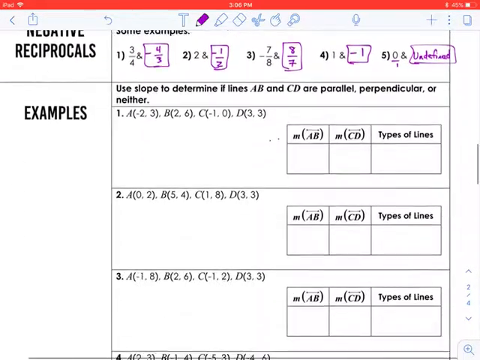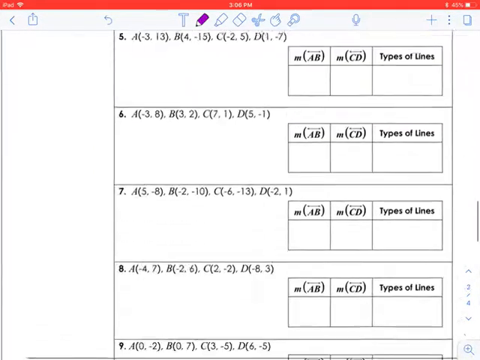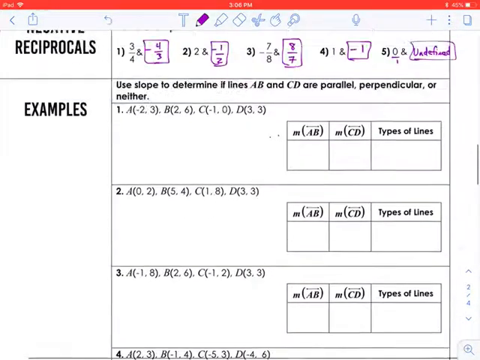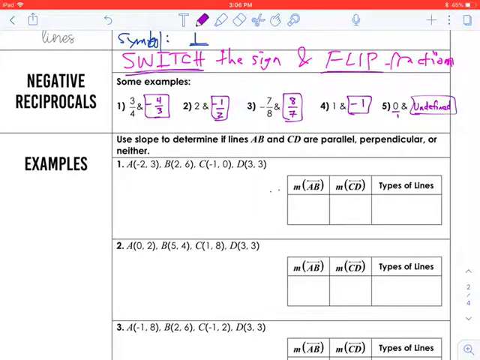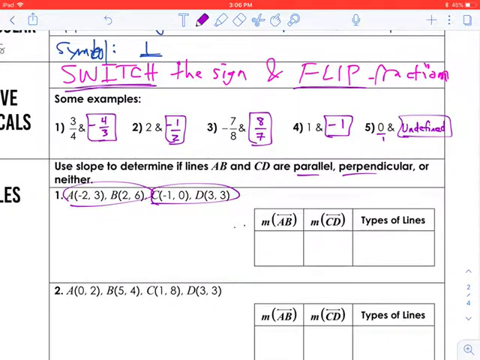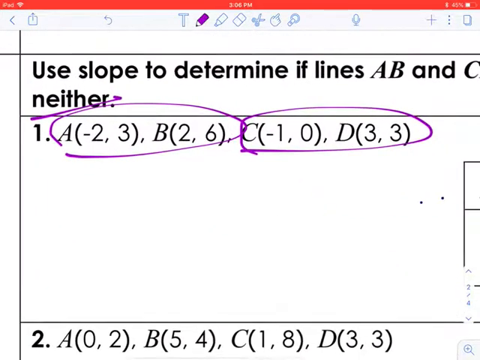Okay? So let's do a few of these, and then we won't need to spend a whole lot of time on anything else. So we want to figure out if these two slopes, between A and B and C and D, are parallel, perpendicular, or maybe neither. Okay, so for this first one, AB is going to be y minus y, so 6 minus 3 over 2 minus negative 2.